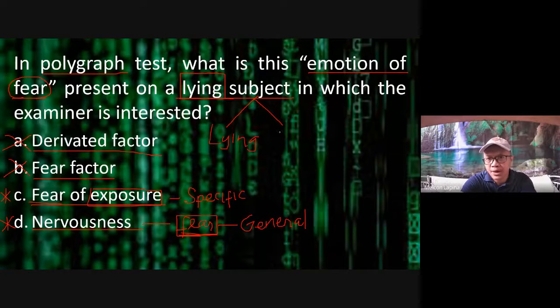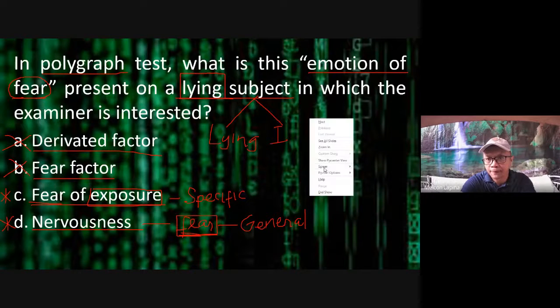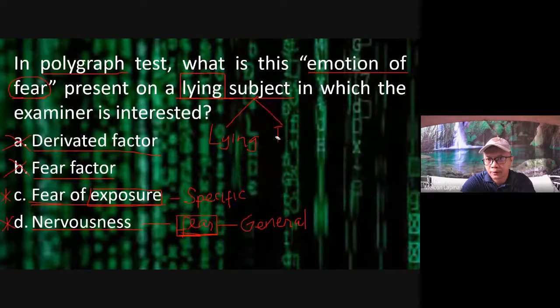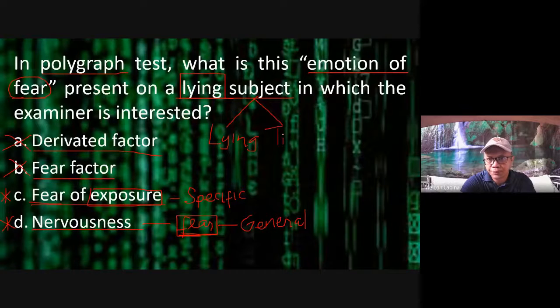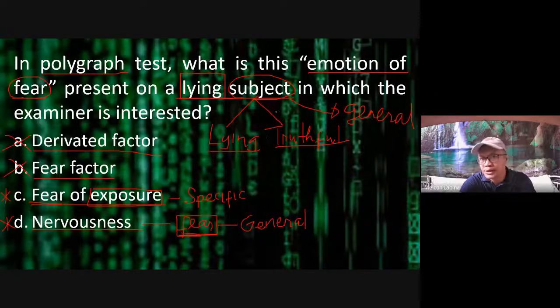We also have a subject that is innocent or truthful. We have truthful subject. So, kung subject lang ang sinasabi, we could very well say na general to siya. Kasi nga, pagka sinabing subject, it could apply to lying and truthful subject. Pero ang sinabi dito kasi, lying subject, specific.